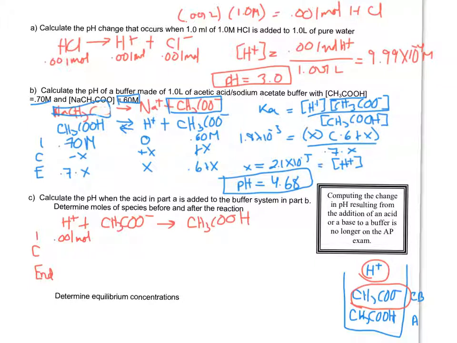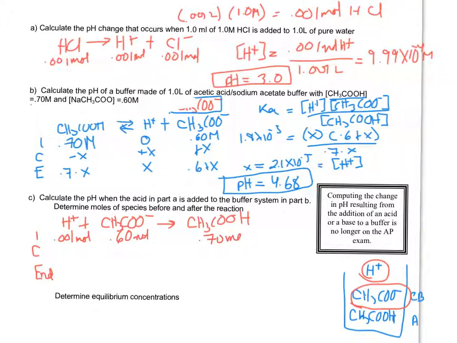I'm going to erase a little bit of this so it's not as crowded. My acetate, I have 0.60 molar, and it's 1 liter. And so that means I have 0.60 moles, right? So I'm going to put that in. That's 0.60 moles. And then let's look at my acetic acid initially. The concentration was 0.70 molar, and I have a liter of it, so that's 0.70 moles. So I'm going to write 0.70 moles.